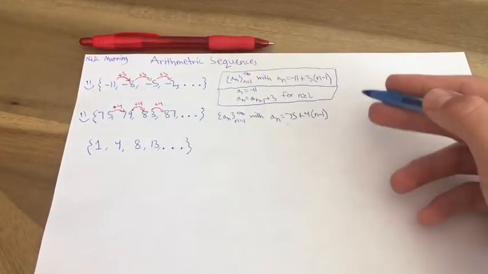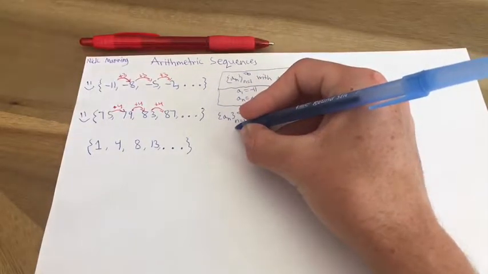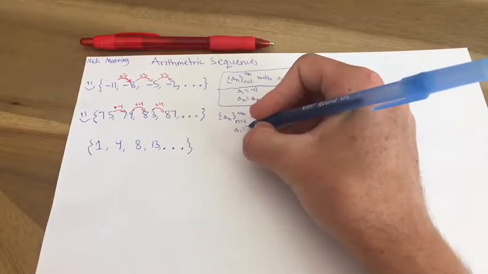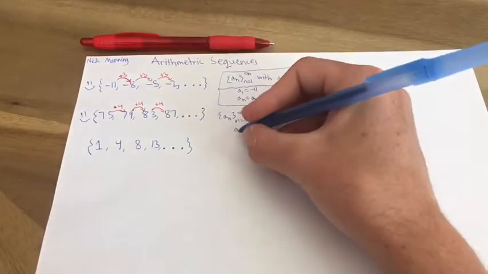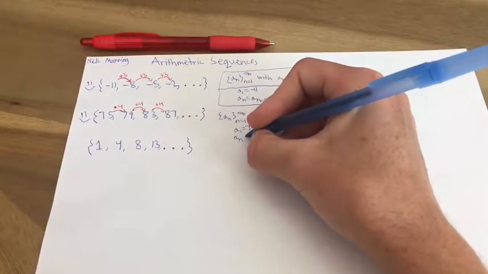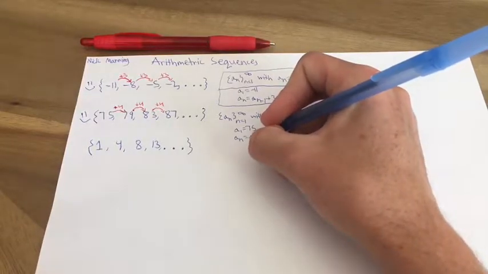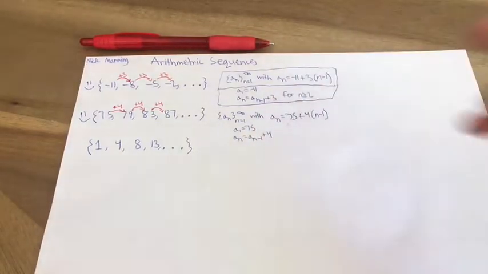And if we want to write it recursively, it will be a sub 1 equals 75. And then to figure out our next term, a sub n equals a sub n minus 1 plus 4.